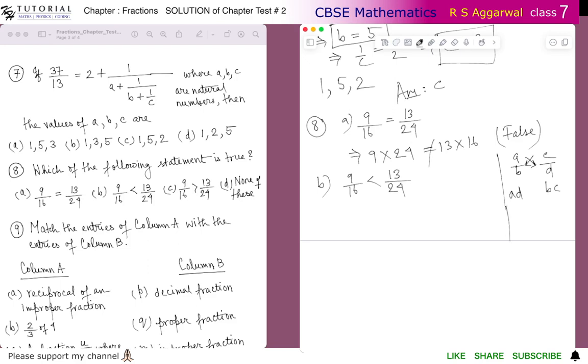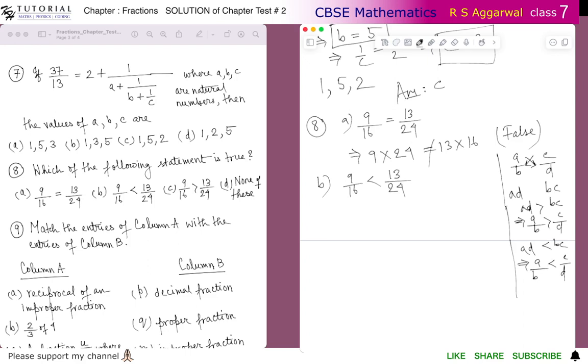If AD is greater than BC, this implies A by B is greater than C by D, and if AD is less than BC, this implies the fraction A by B is less than the fraction C by D. The other way is to convert them to like fractions and compare the numerators. Whichever way is easier for you to do the calculation, you can choose that.